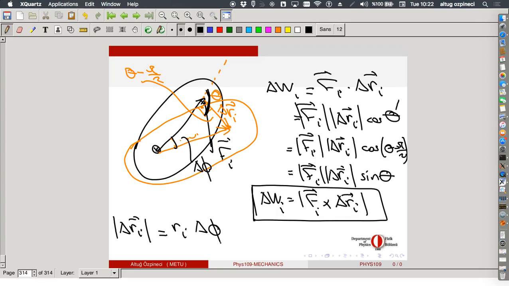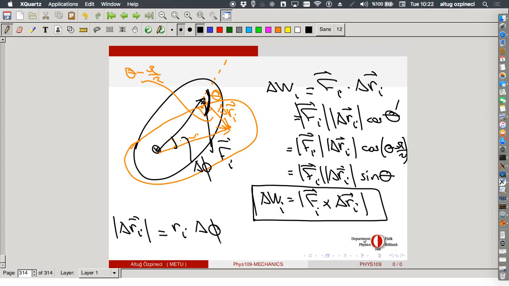The work is defined as the magnitude of the force, times the magnitude of the displacement vector, times the cosine of the angle between the two. Now, the displacement vector and the position vector are always at 90 degrees. This point is just doing circular motion, not necessarily uniform, but circular motion. And in circular motion, very small displacements are always perpendicular to the position vector.